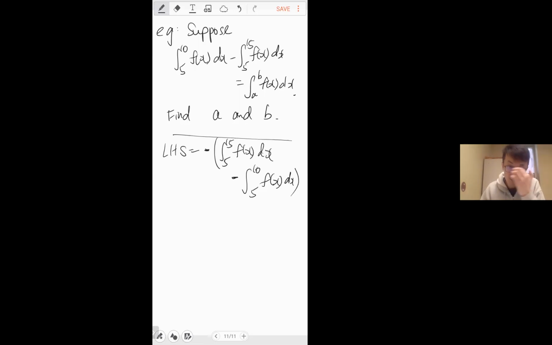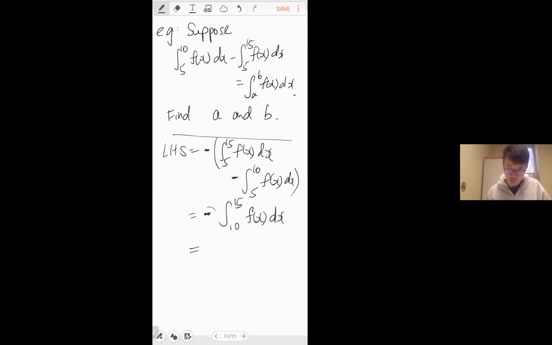What do you end up with? 10 to 15. Good. Is it okay so far? All right, so the left-hand side equals negative the area from 10 to 15.